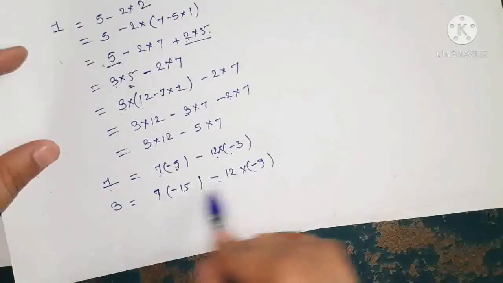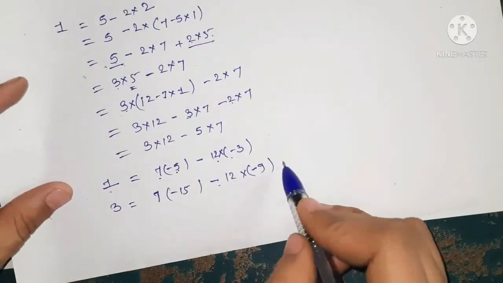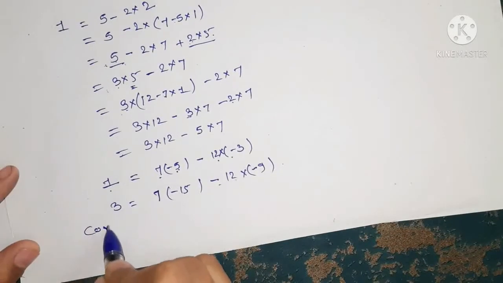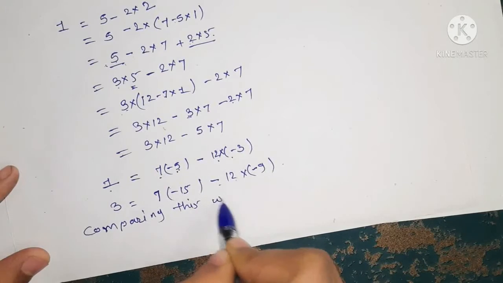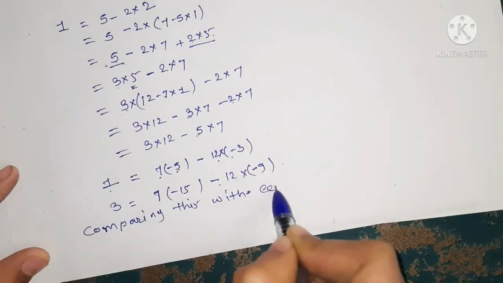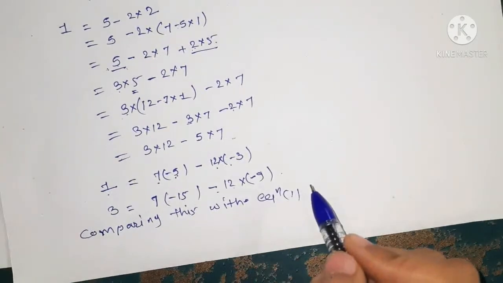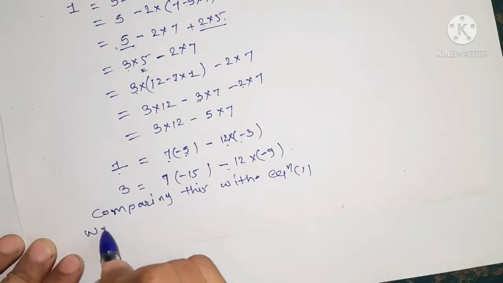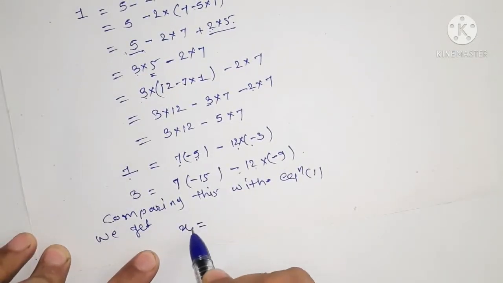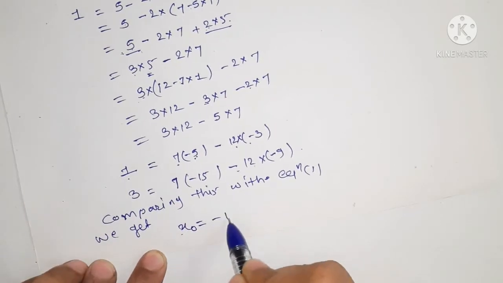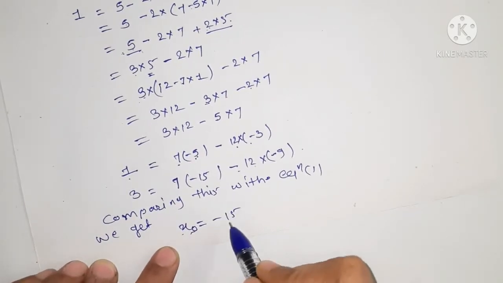So comparing this with equation 1, we get x is equal to, that is x0, the first particular solution, x0 is equal to minus 15.